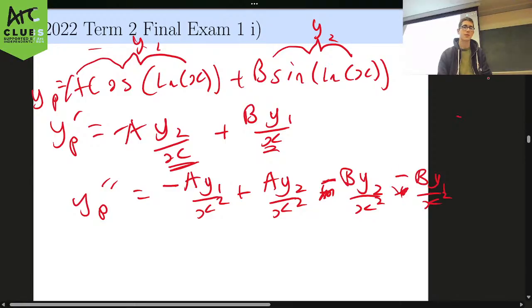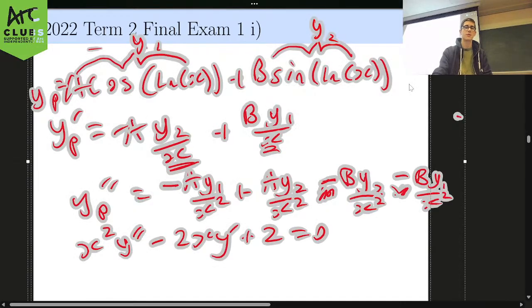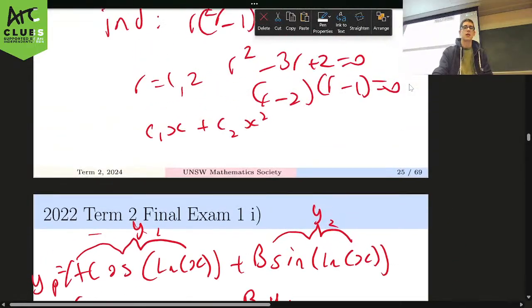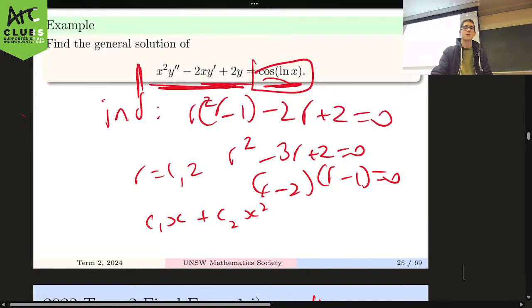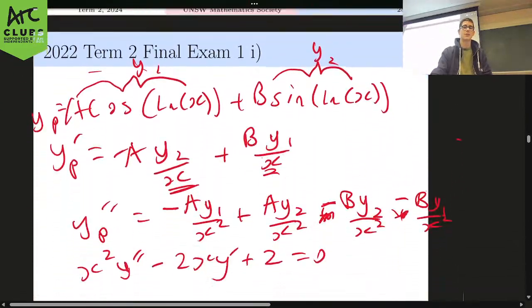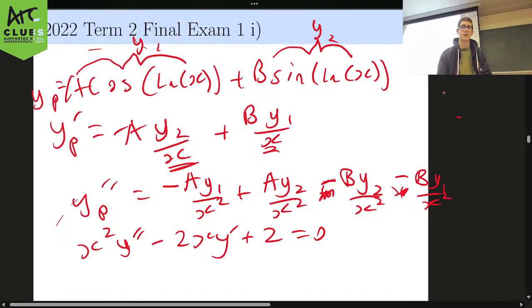Okay, so substituting this in, we get that x squared y double dash minus 2xy dash plus 2y is equal to 0. I believe that's correct. Let's just double check. Yep, that's correct. Okay, and we need this to be equal to, I guess I shouldn't have said the equal to 0 part.